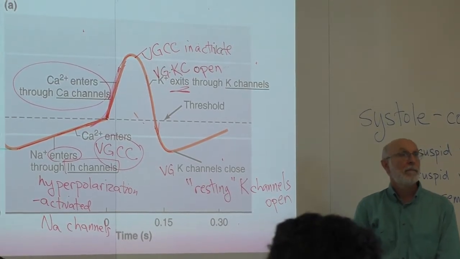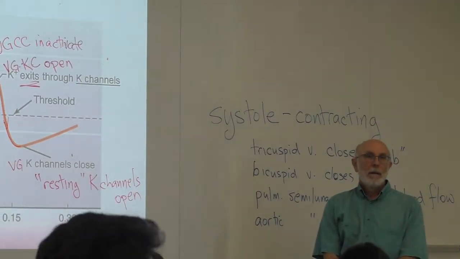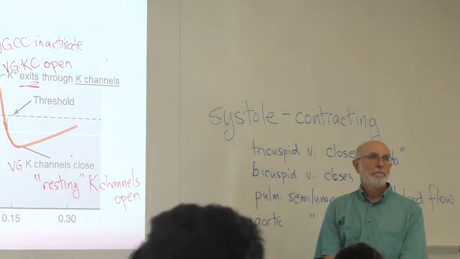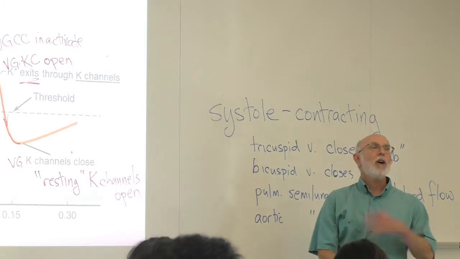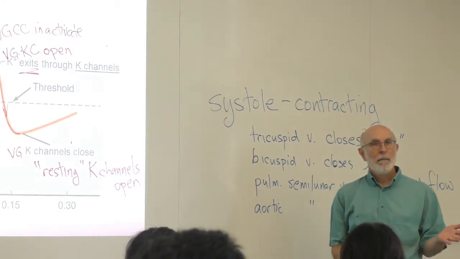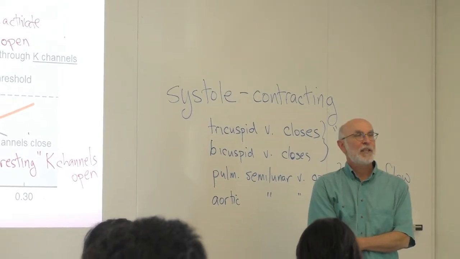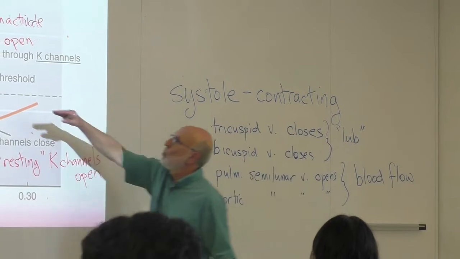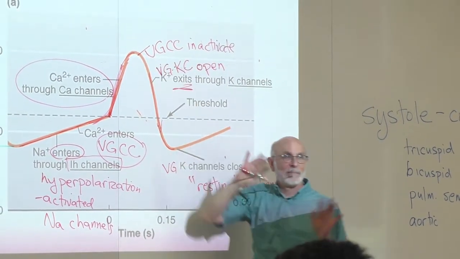Are the resting K channels open during the entire action potential? Kind of, sort of. I don't want to lie to you and say yes, because they are open, but they are blocked by intracellular ions, and so there's very limited potassium flowing out through resting K channels here. It's a detail.